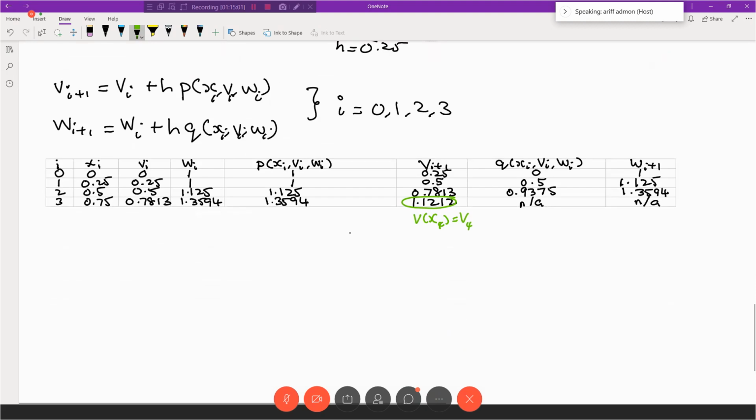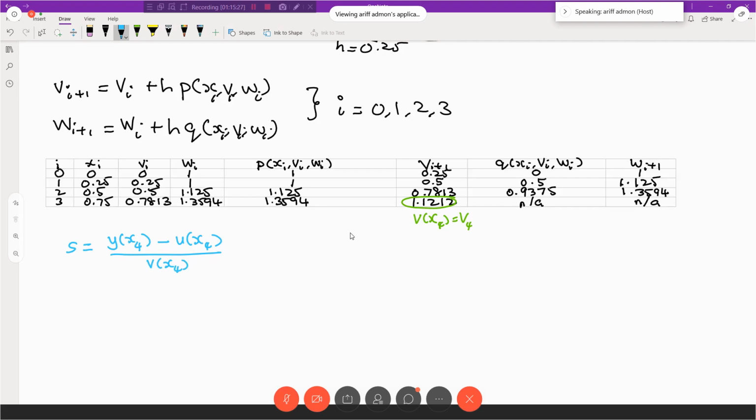Okay, now you want to calculate your S. S equal to y x4 minus u x4 divided by v x4.